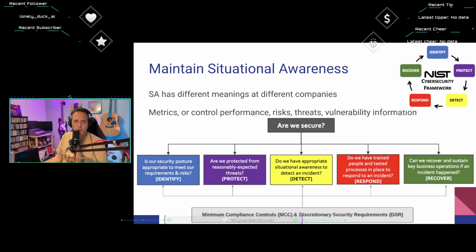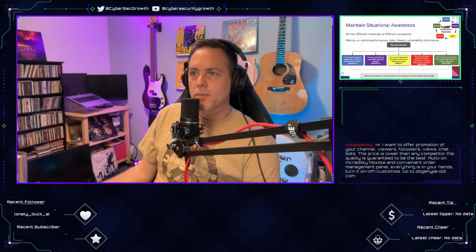Maintain situational awareness. Maintaining situational awareness has different meanings based on the security culture of your organization. For some organizations, it means metrics, while for others, it means a broader understanding of control performance, risks, threats, and current vulnerability information. The Compliance Forge Security Metrics Reporting Model, SMRM, takes a practical view towards implementing a sustainable metrics reporting capability.